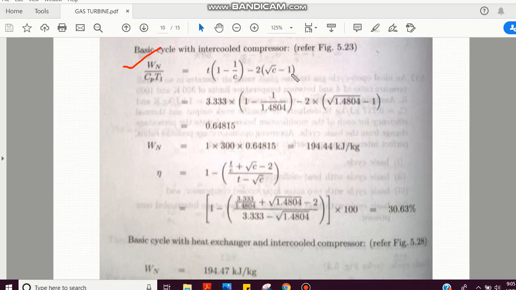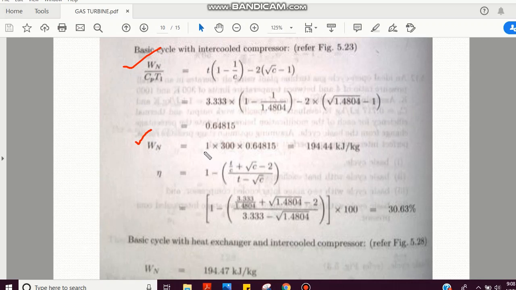By substituting the values of t and c, we get the specific work output for the basic cycle with intercooled compressor as 0.64815.